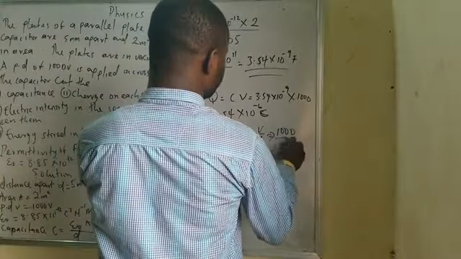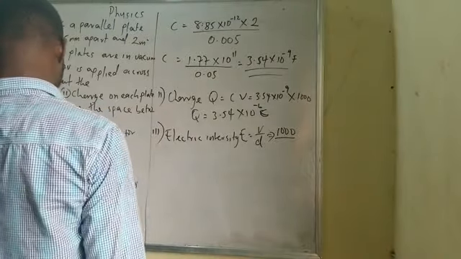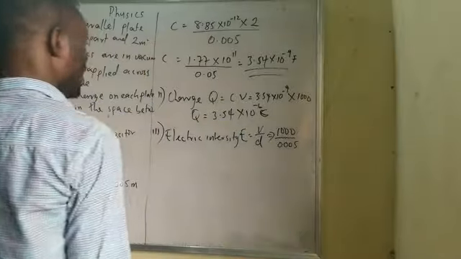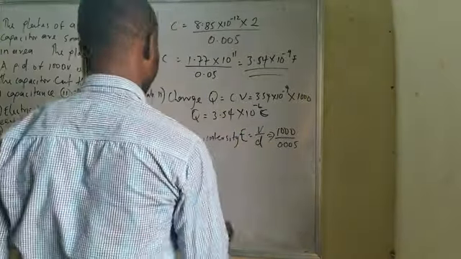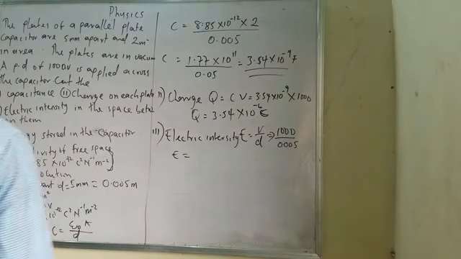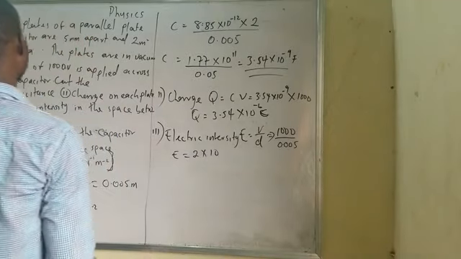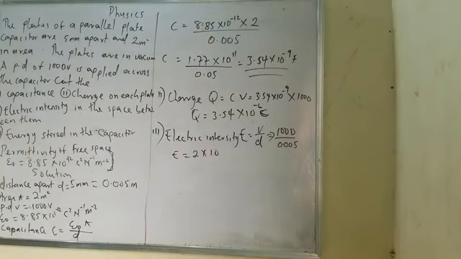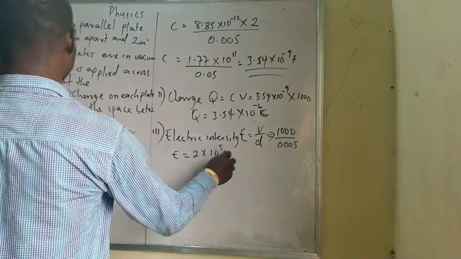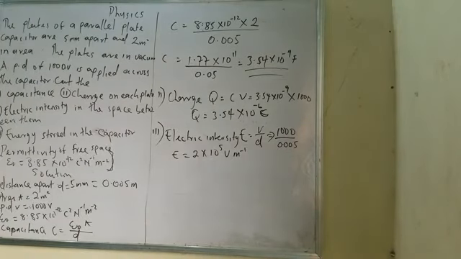I have 1000 divided by my distance, which is 0.005, which will be equal to 2 multiplied by 10 raised to power 5, with unit volt per meter.